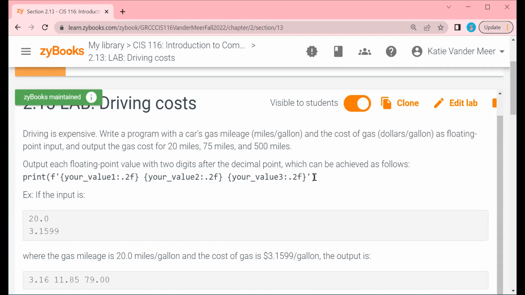It just shows you an example of how to use the 2.f and does it for you.